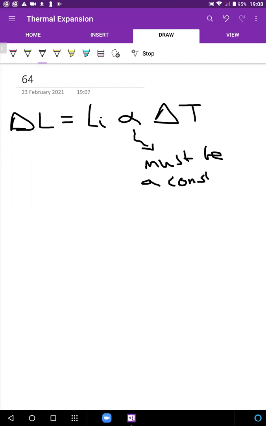It's normally a number that you multiply with the other terms in this equation. But in our question, alpha is equal to CT. So how do we tackle this problem?